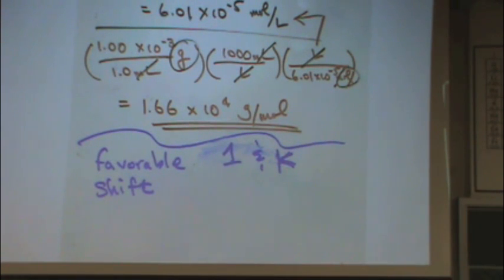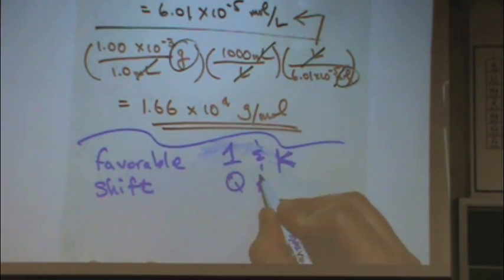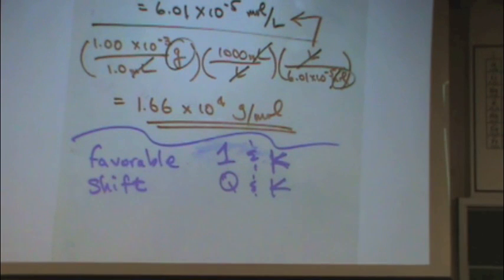Shift is when you compare Q, sorry I got those mixed up at first, and K. So if Q is bigger than K, which way will it shift? To the left, and if Q is smaller than K, it'll shift to the right. In most cases in our current chapter, in the acid-base chapters, we don't have to do this calculation because on one side there's a 0. Typically there's a 0 on the right. So Q is usually 0 because it's products over reactants, and thus the shift is going to happen to the right.